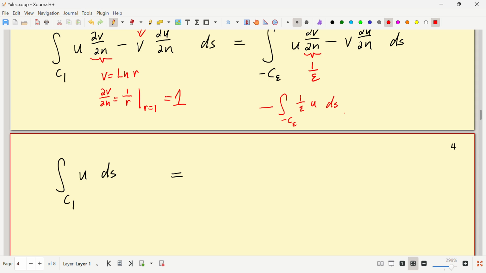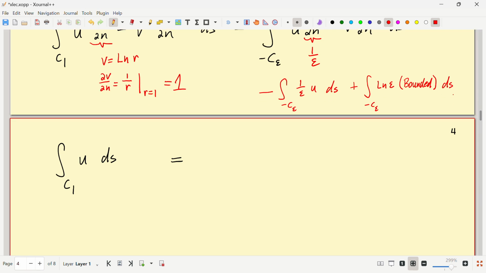Let me think about what that is for a second. The second one is going to be minus and minus, that'll be plus. This one is plus the integral along c sub epsilon of log epsilon, that's kind of scary, times something that's bounded, du/dn, whatever it is, a bounded function, times ds.